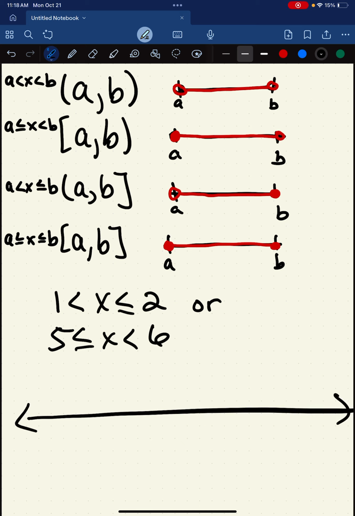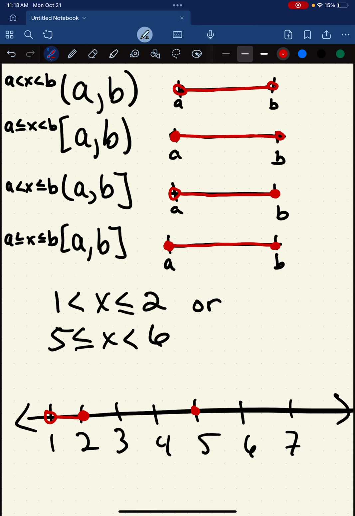So the way we would write that on a number line, let's see if I can get all of them on here. We got 1, 2, 3, 4, 5, 6. Okay, so x could be between 1 and 2, including 2. So solid on 2, open on 1, interval in between.